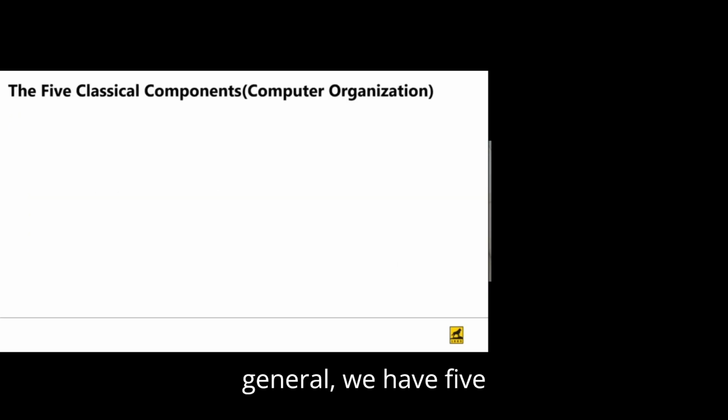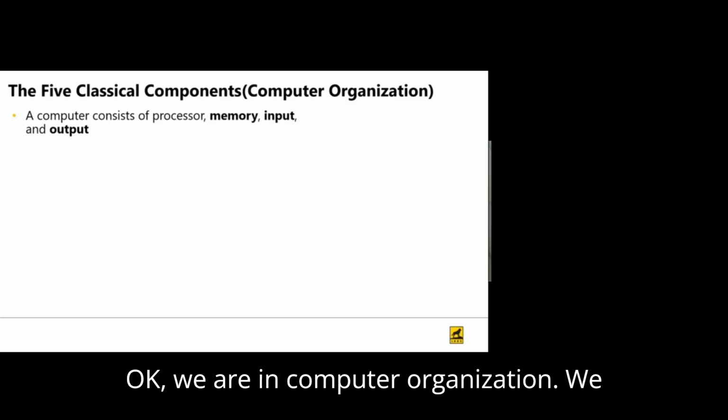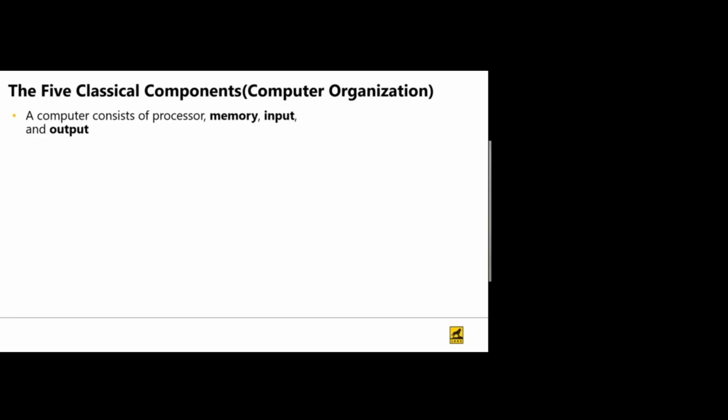In general, we have 5 components for computer organization. Okay, we are in computer organization. We are in the hardware part now. So in the hardware part, we have some input and some output.